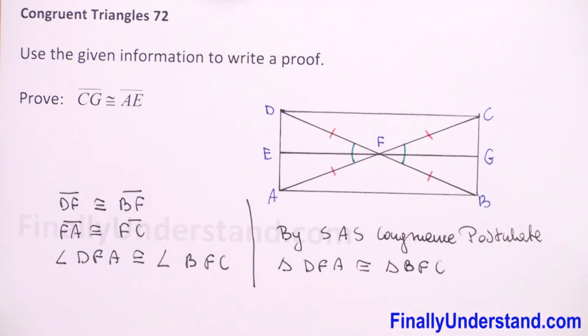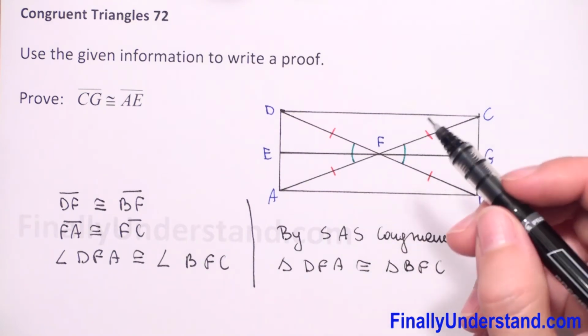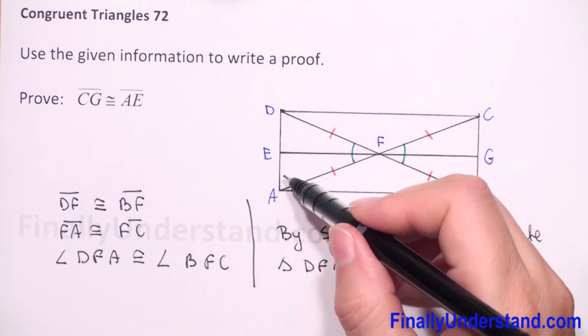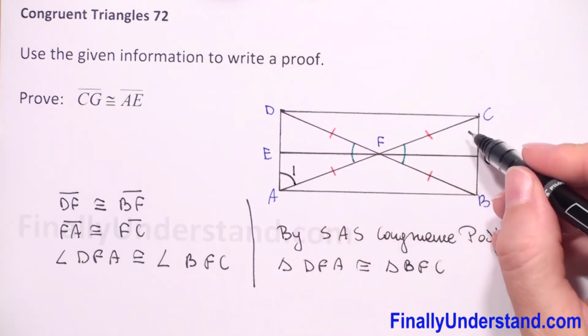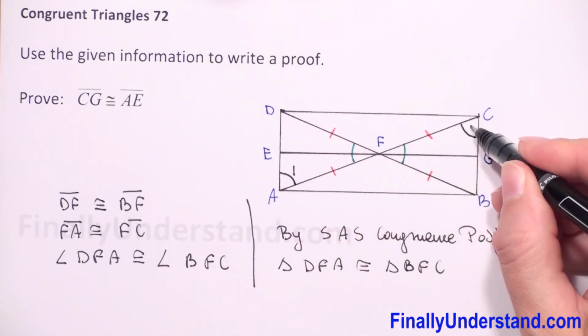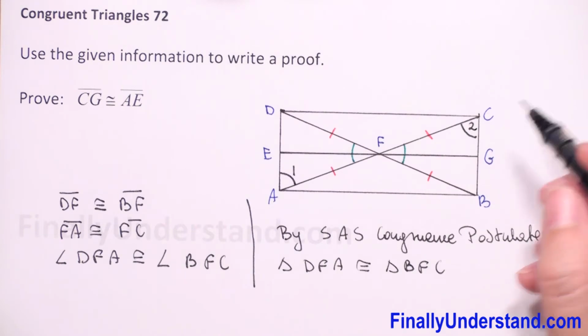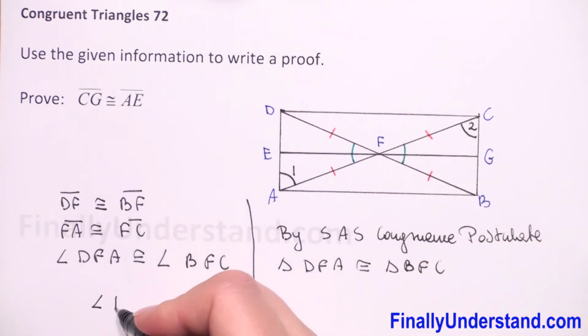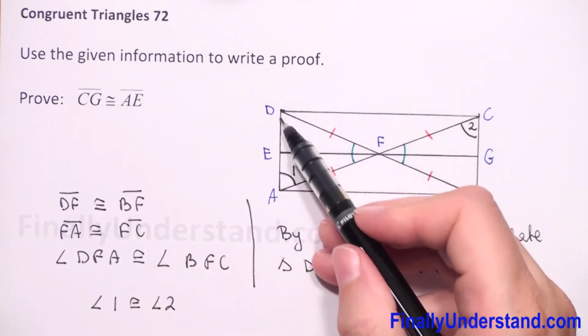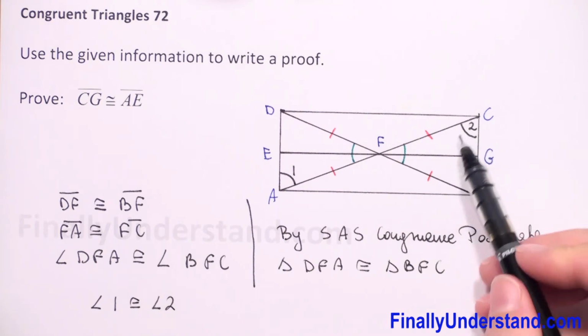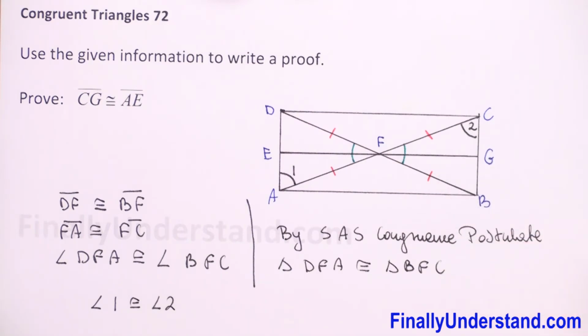So we can write that here we have angle 1 and here angle 2. And angle 1 is congruent to angle 2 because these two triangles are congruent.